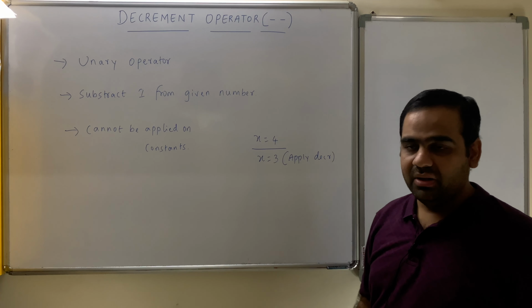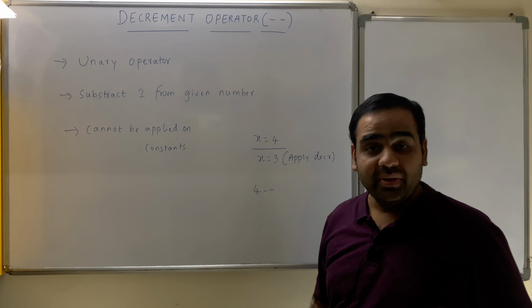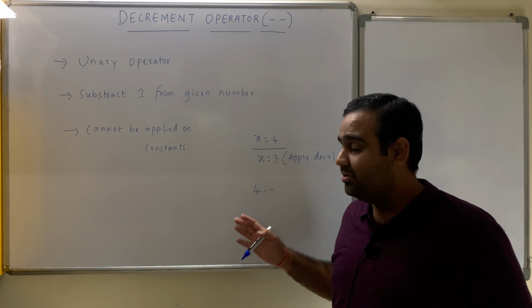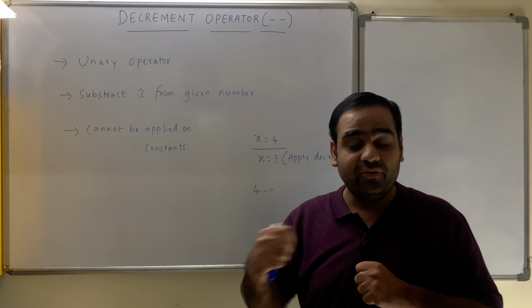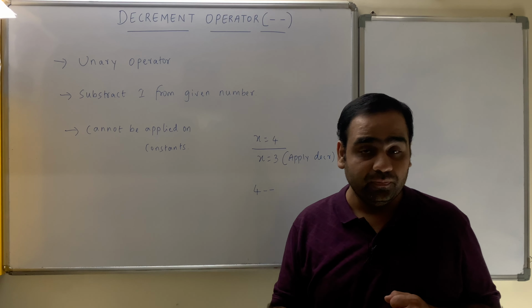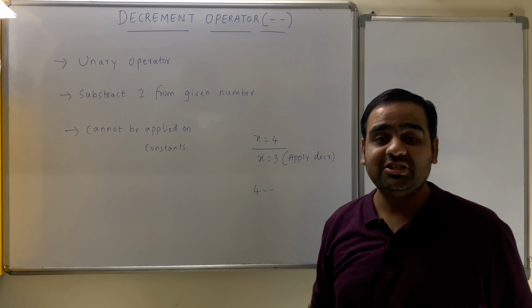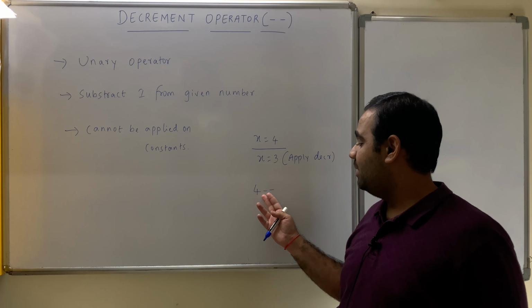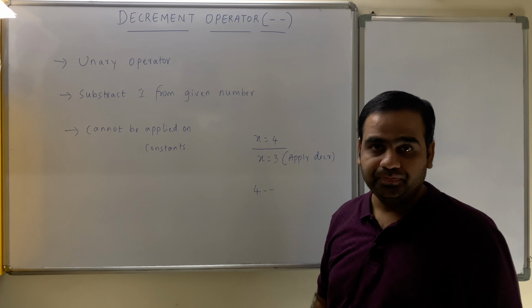Say for example, if we write 4 minus minus, that means we want to change the value of 4 to 3. Is it possible to change the value of a constant? No. You can only change the value of a variable, but you cannot change the value of a constant. Therefore, you cannot apply the decrement operator on the constants.